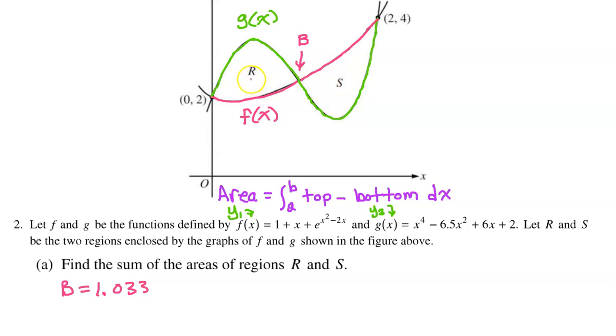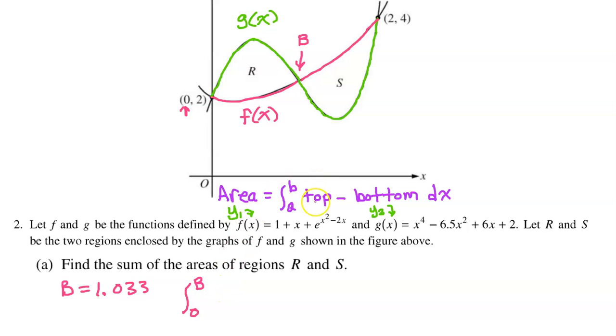So let's start with region R. Remember, we are integrating the top function minus the bottom function. So for region R, the limits of integration will be from 0 to b, all right? Because that's where region R begins and ends. So 0 to b.